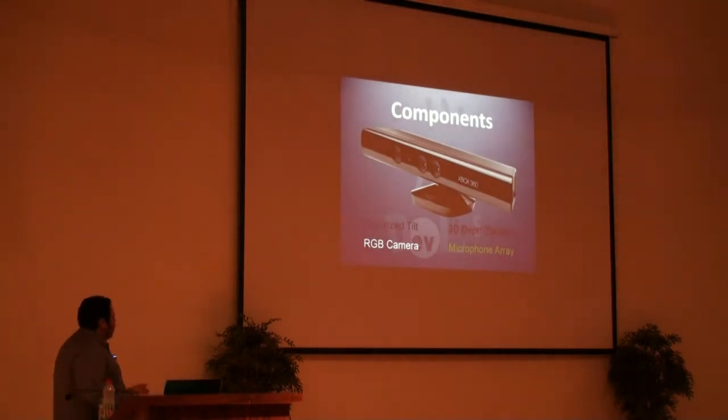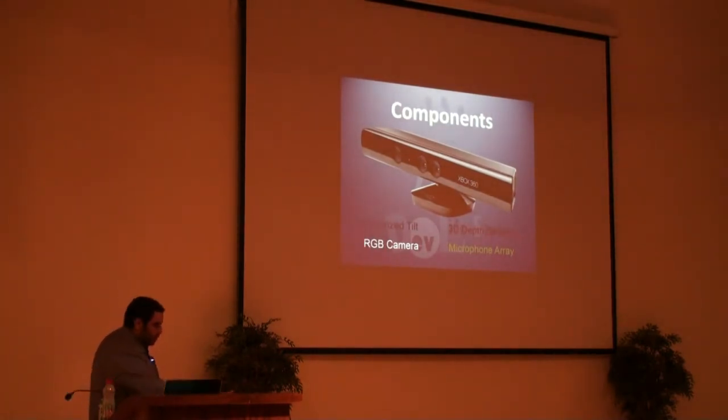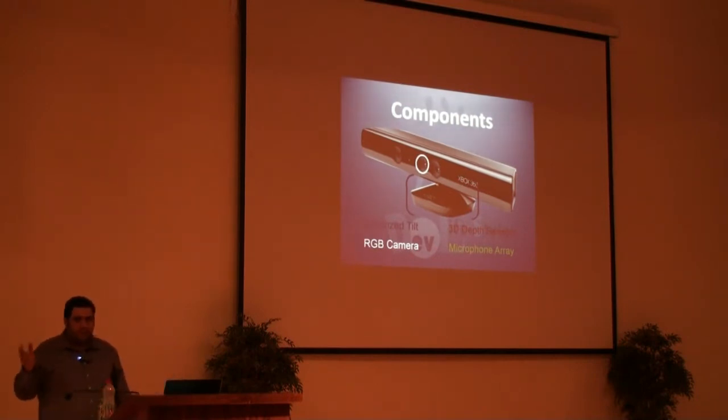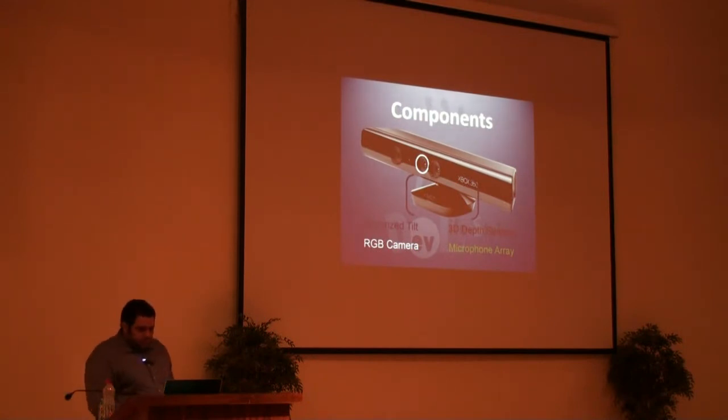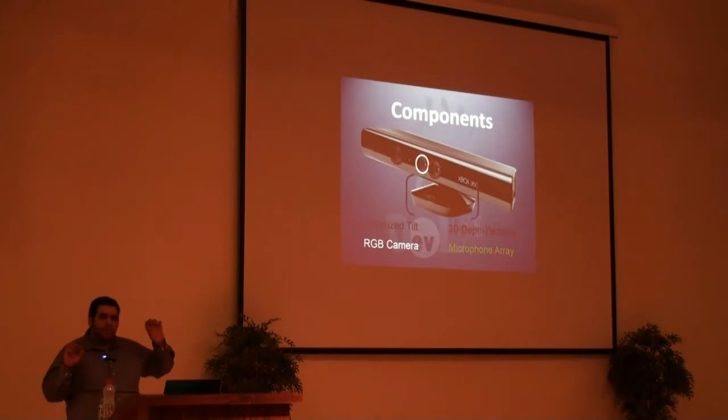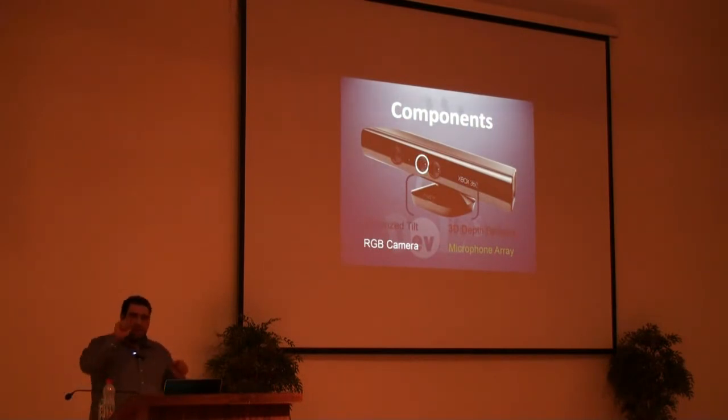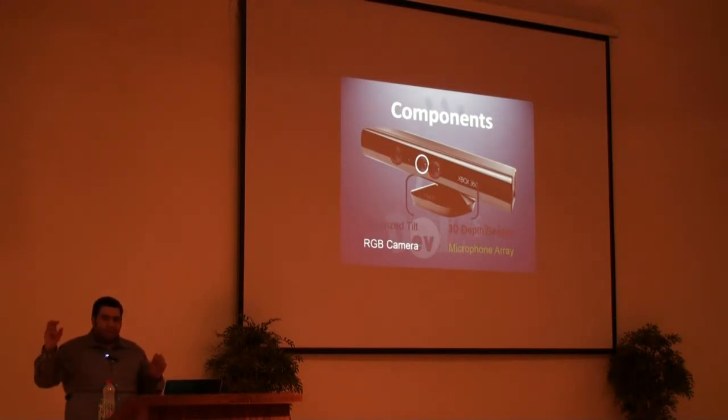Okay, so what we have in the Kinect: we have a motor to tilt it up and down. We have an RGB camera, which is a video camera, color camera. A 3D depth sensor, which is like an illuminator that emits a mesh of infrared dots, and an infrared camera.